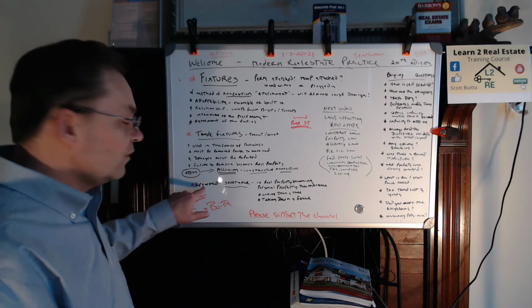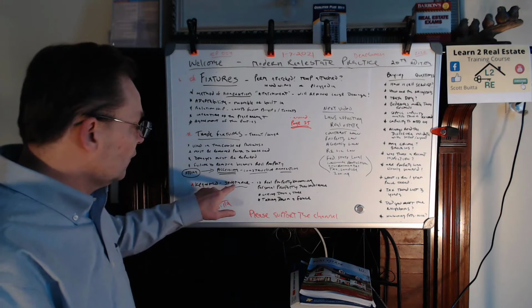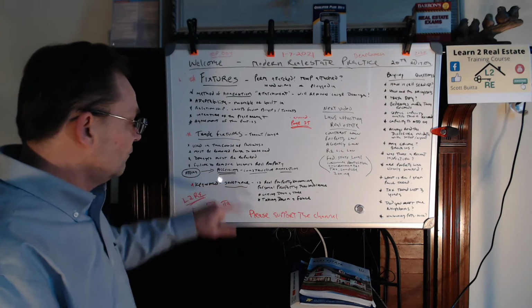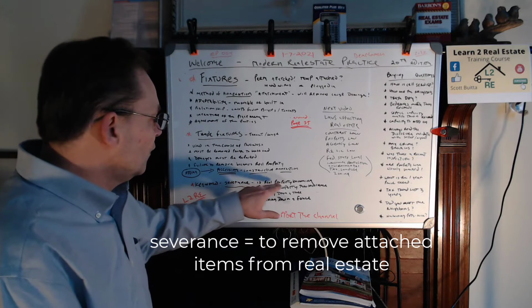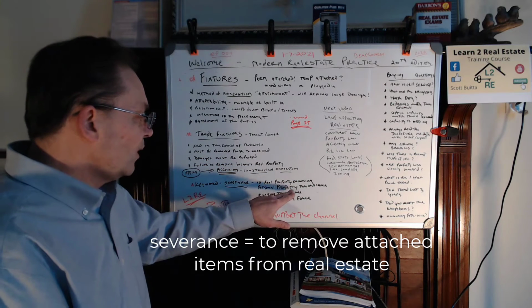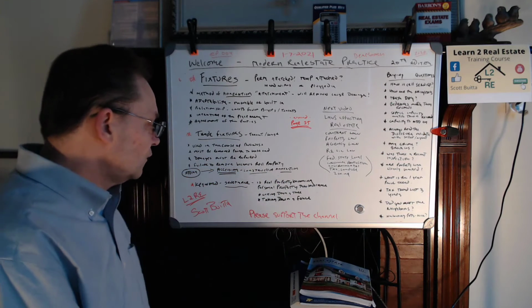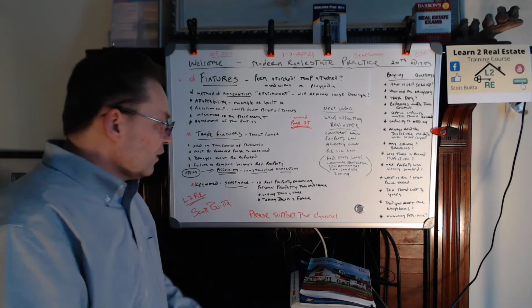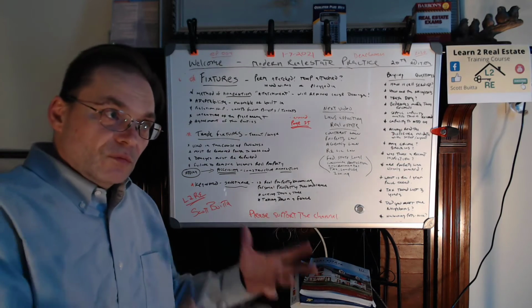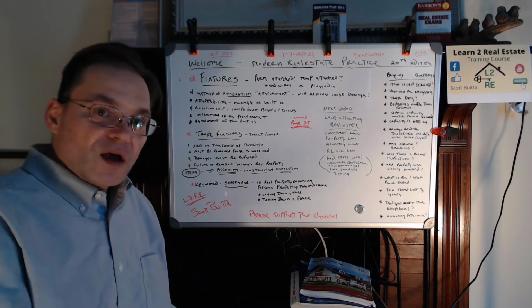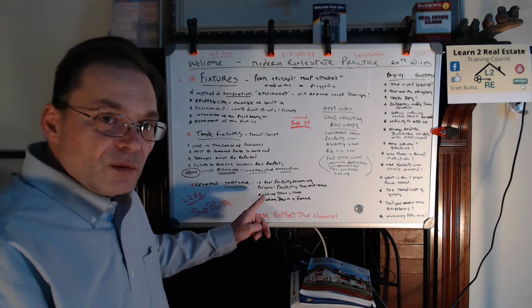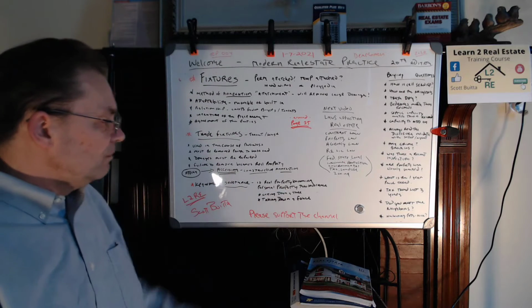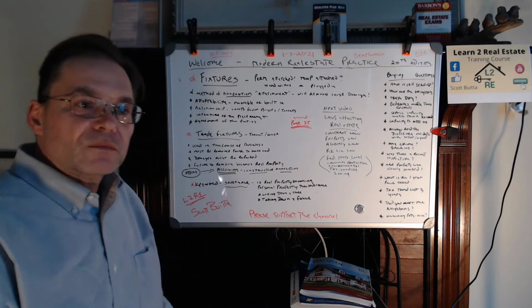Other things that you need to know about are severance. To sever is real property becoming personal property through severance. Okay, so you can sever something that's real property by taking it down. A couple examples I have are cutting down a tree or taking down a fence.